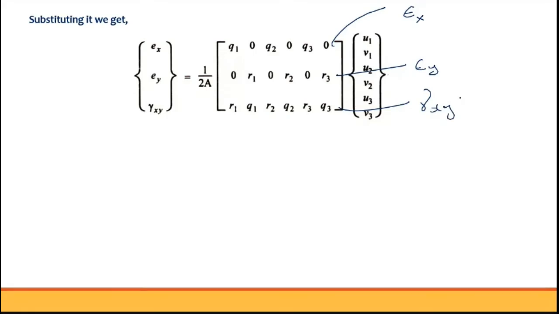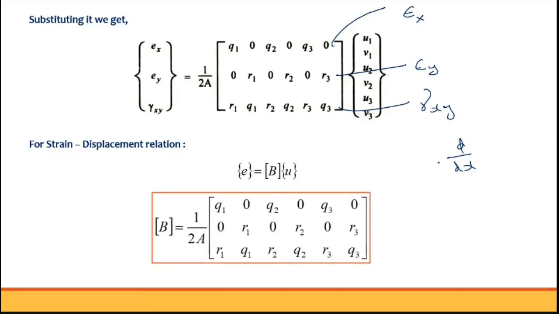What is the shear strain? Okay. So the strain displacement relation is strain equals B into u, where B is the derivative operator d by dx. So what is my B matrix? In this case, this is my strain, this is my B matrix, and this is my displacement.